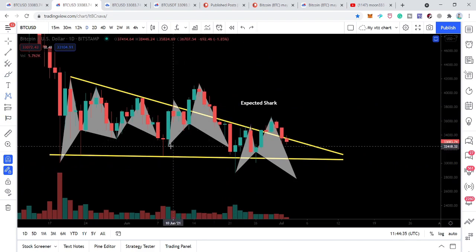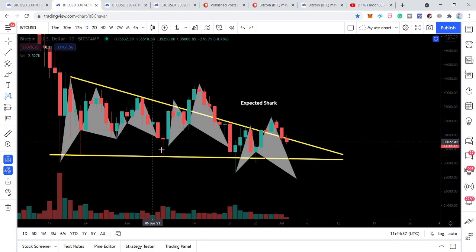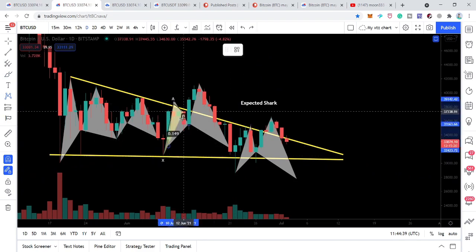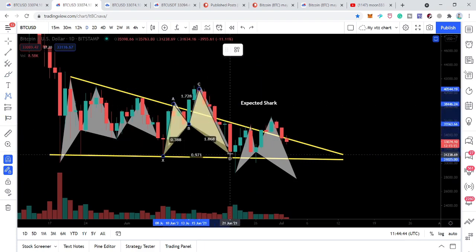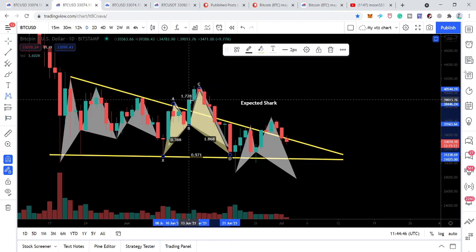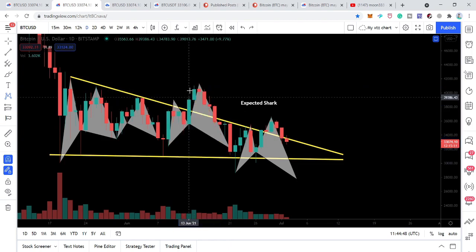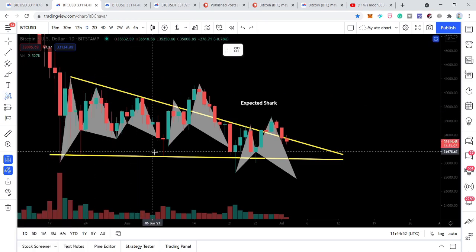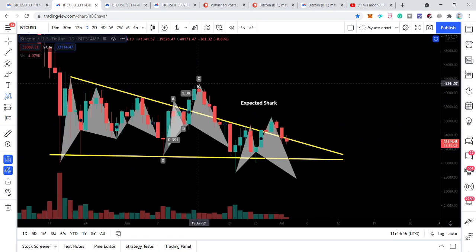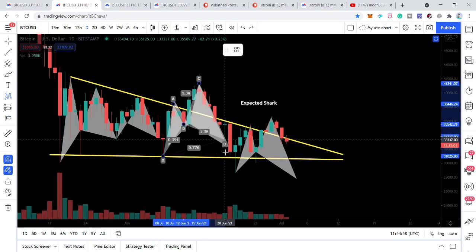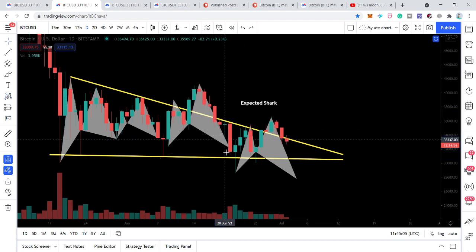This was the initial leg, and then the price action, you can see, projected up to the 1.728 Fibonacci projection. However, if I place the cipher pattern, then it was projected up to 1.39. That is as per the requirement of the bullish cipher, from 1.272 to 1.414 Fibonacci projection.